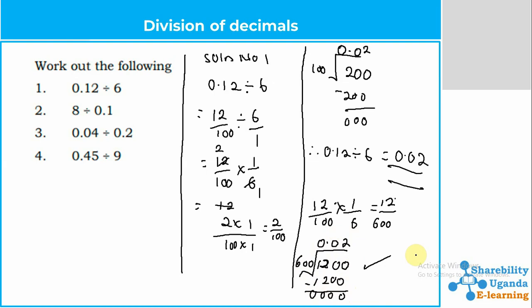Okay, we now see we have our other number of hours which is given. So let's try out this number again. We have 8 divided by 0.1.